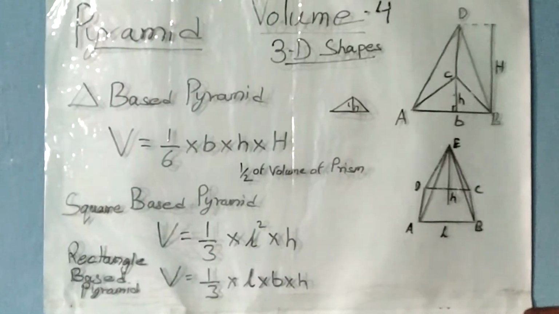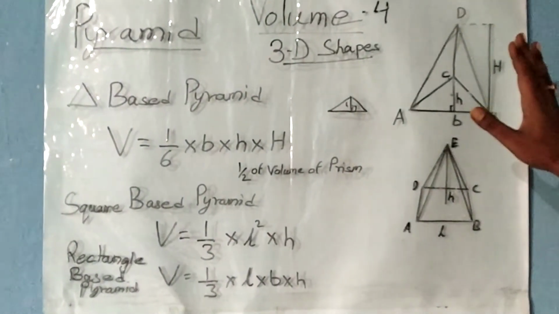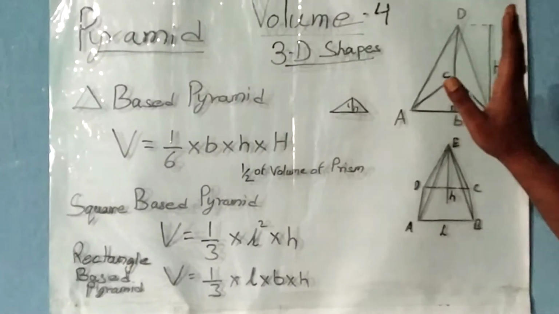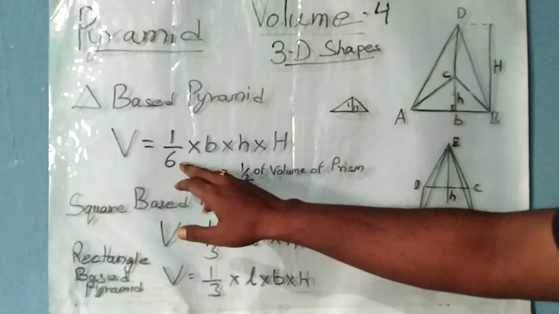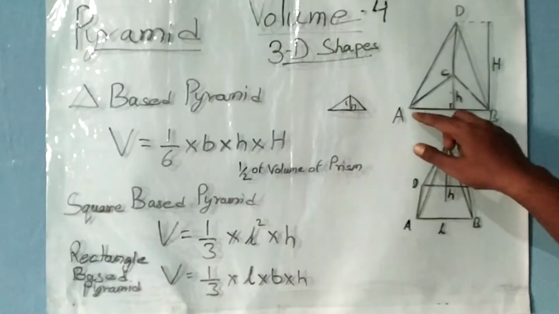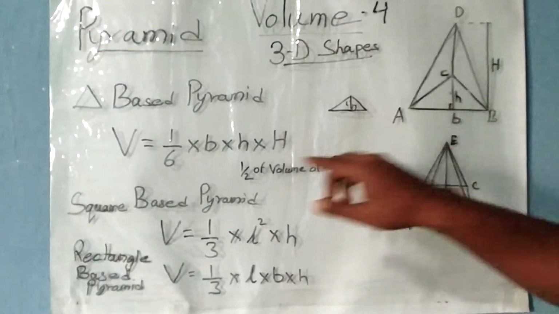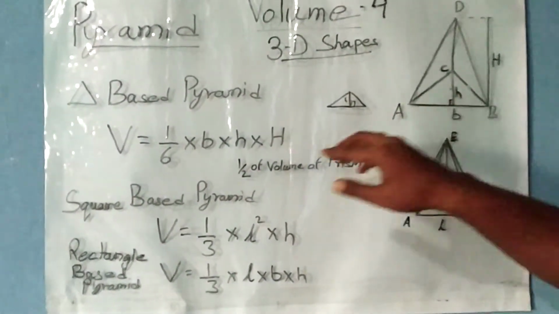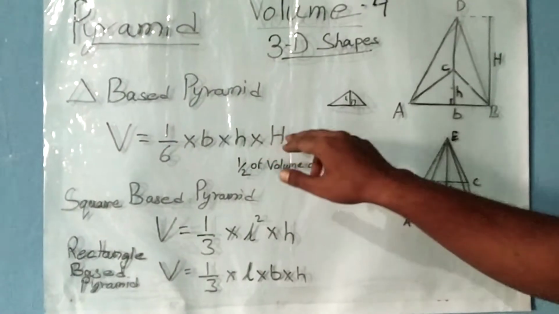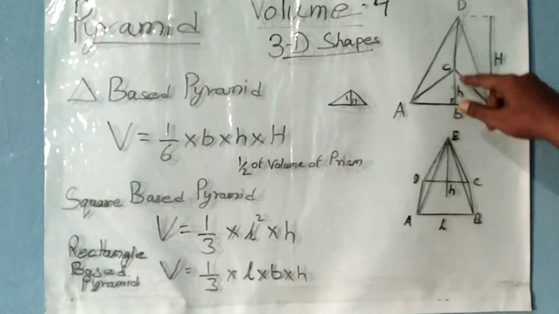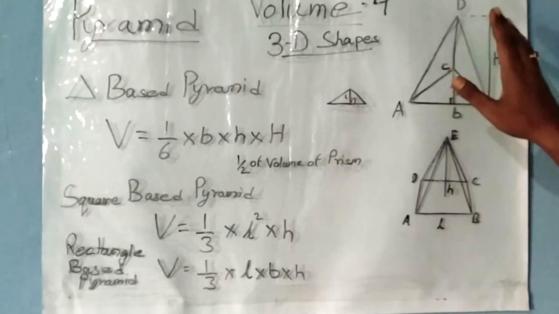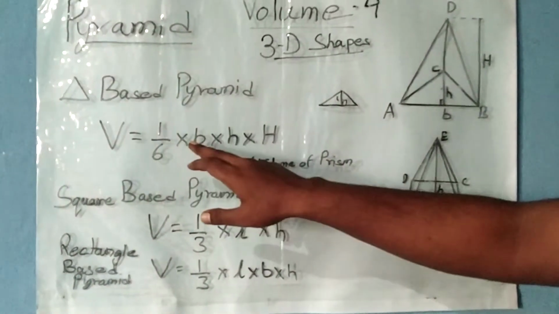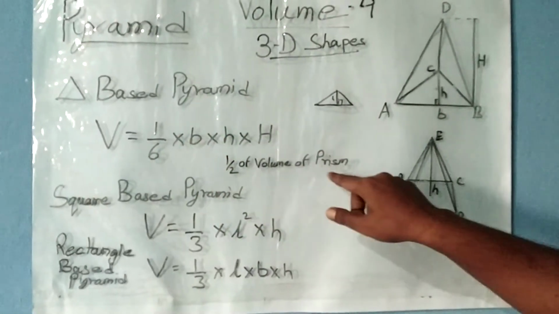Okay. If you want to find the volume of the pyramid of triangular base, then the formula will be 1/6 into base, this line is the base of the triangle, into h. This h is the height of the triangle, and this capital H is the height of the pyramid. We have seen that this is half of the volume of the prism.